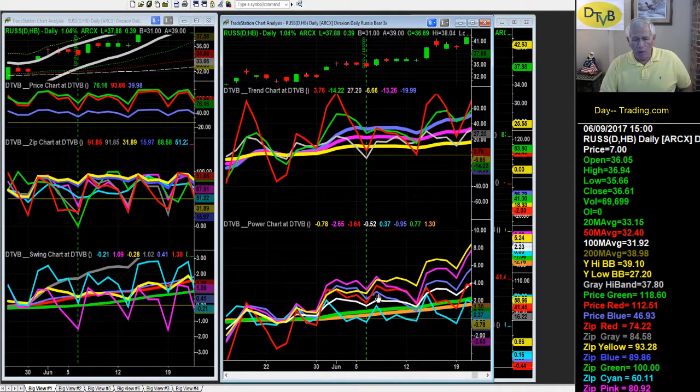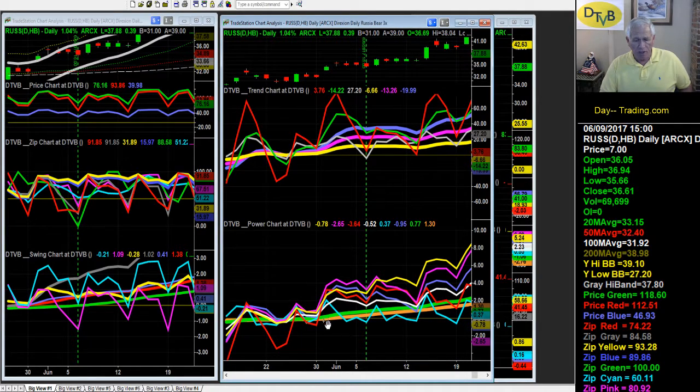The one thing that I want you to watch as we go through these 6 examples is that the power yellow line in this case is above power orange, and normally it works out best when the power yellow is under the orange.